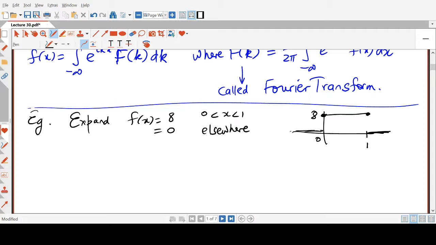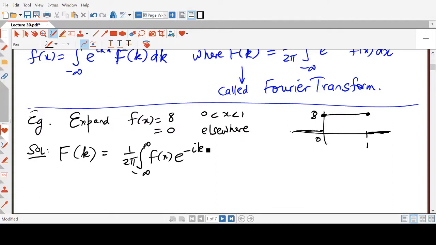So we start off by firstly working out F of k, or capital F of k. Use capital for the Fourier transform. That's 1 over 2 pi integral from minus infinity to plus infinity of f of x e to the minus i kx dx. And in this problem the rod is only defined between 0 and 1, so we can work with 0 to 1.